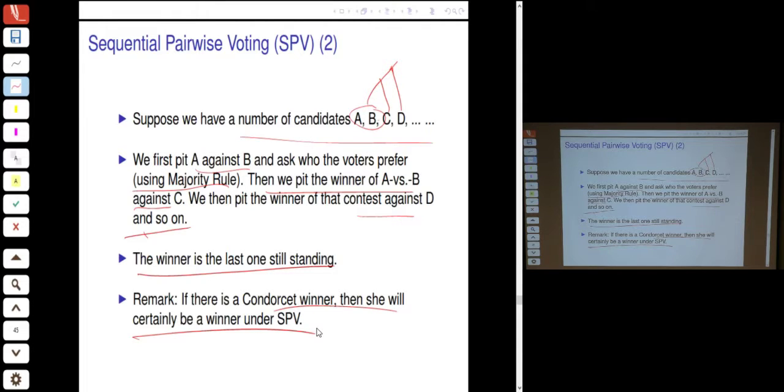Every actual contest or comparison in this method is a pairwise or head to head comparison, and the Condorcet winner is the candidate who beats every other candidate in a head to head matchup. Since in sequential pairwise voting every actual contest is just a pairwise contest using majority rule, the Condorcet winner is going to come up on top in any SPV method election. Is that clear? Any questions?